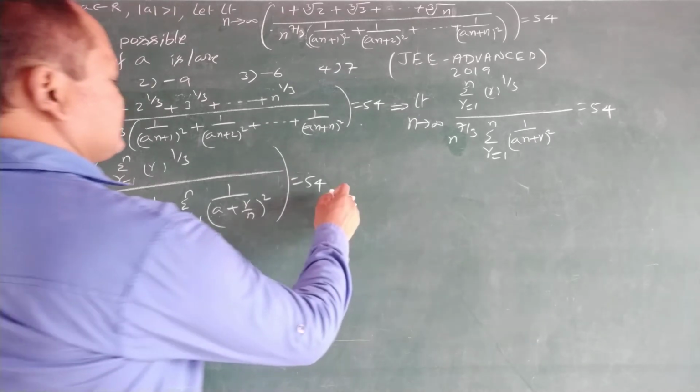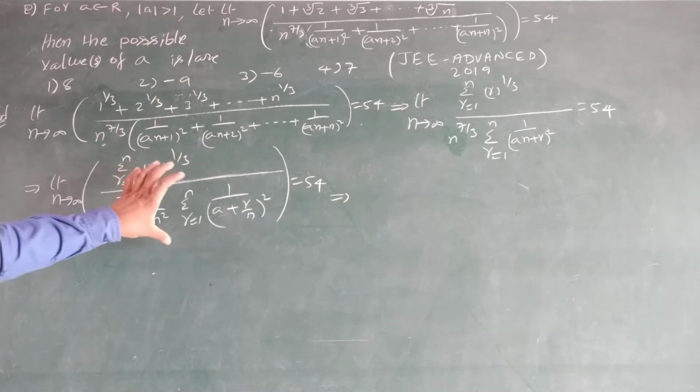Again from this one, observe. Now the limit of the quotient is the quotient of the limits.